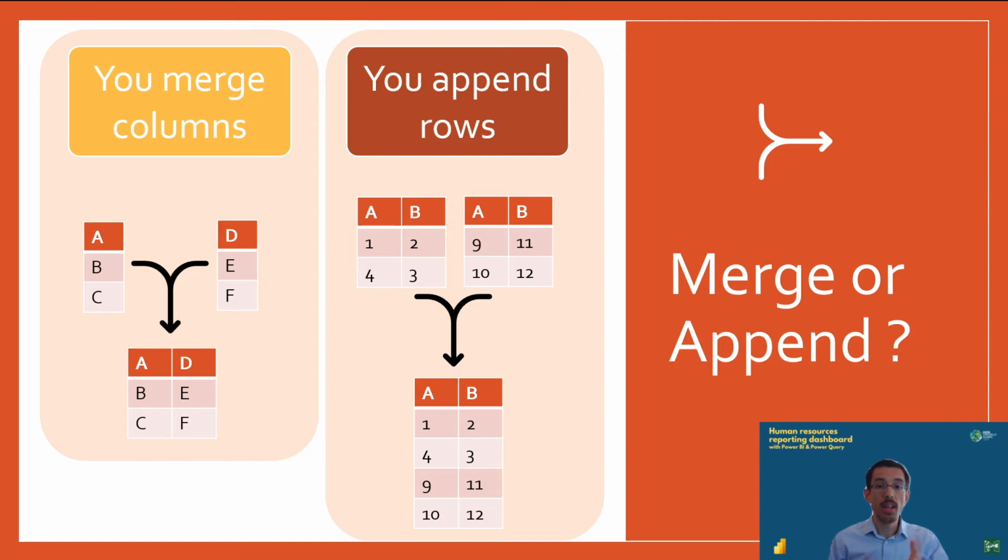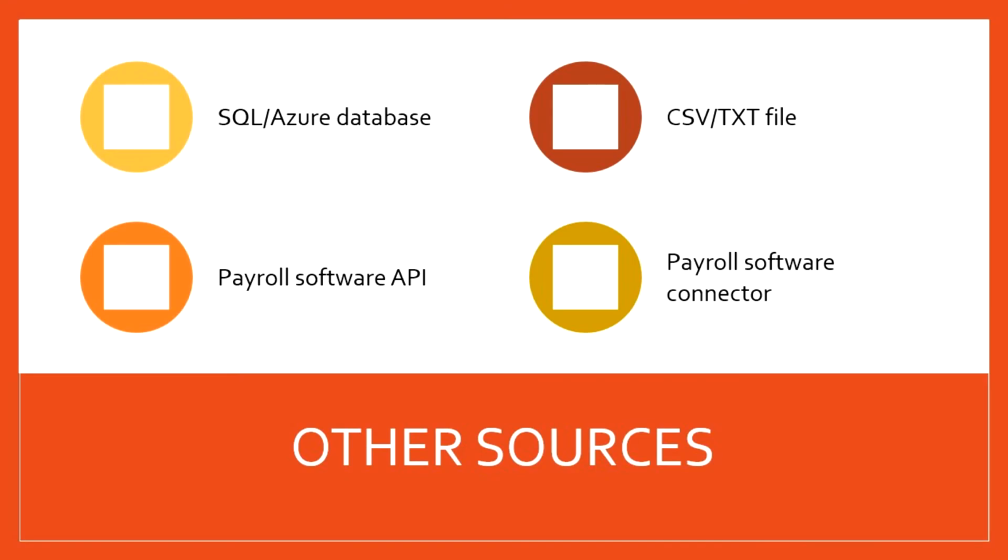Sometimes payroll journals have complex structures where you will have the employee name in columns rather than in rows. Other sources of data that you could use are payroll software. You could connect with them using a connector API from Power Query. You could do an SQL query or Azure database query. You could use CSV and text files import as well.